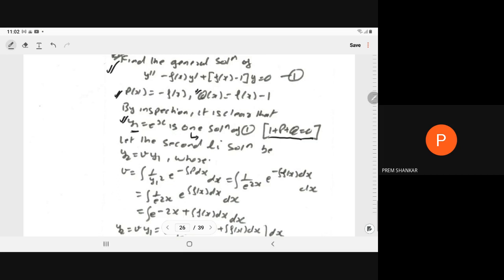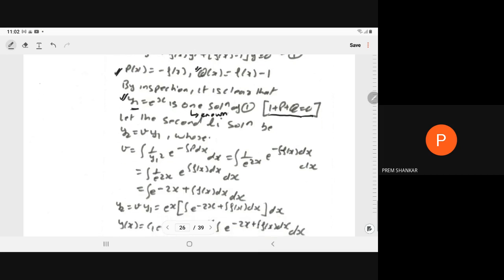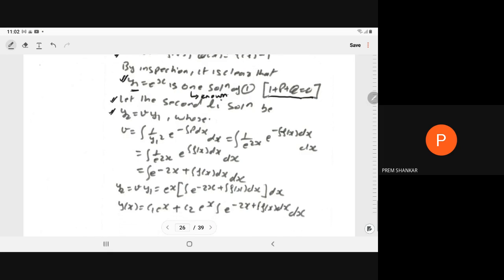That is your known solution now. Now you have to determine the second linearly independent solution. Let the second linearly independent solution be y2 is equal to v into y1, where v is the integral of 1 upon y1 square, e to power minus integral p dx, with respect to x.